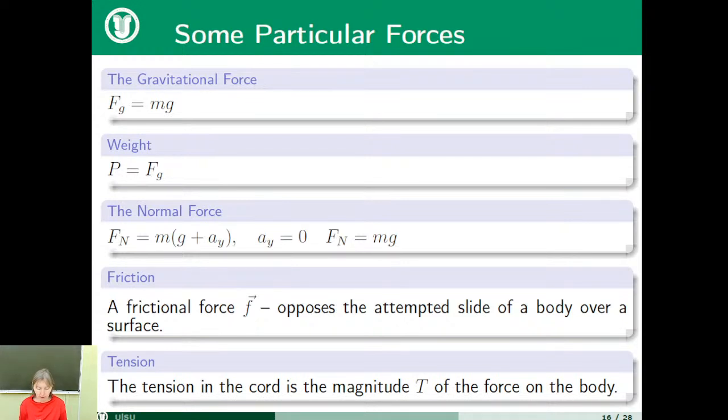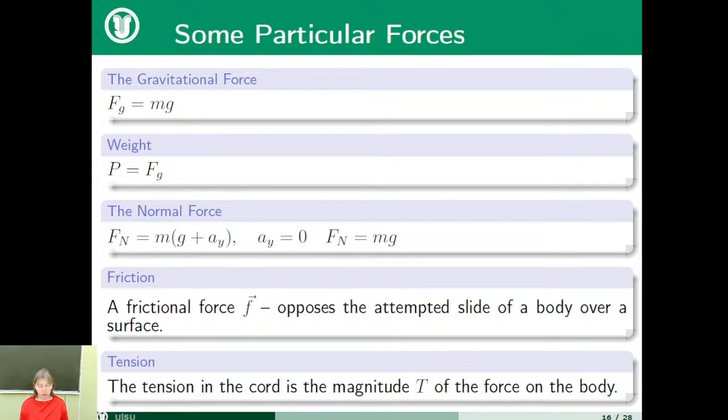For this axis, Newton's second law can be written in the form minus Fg is equal to m times minus g.